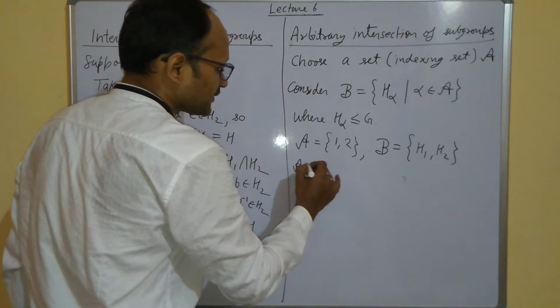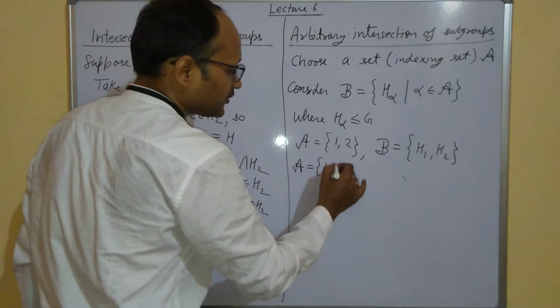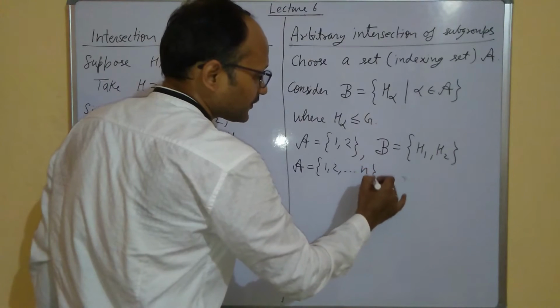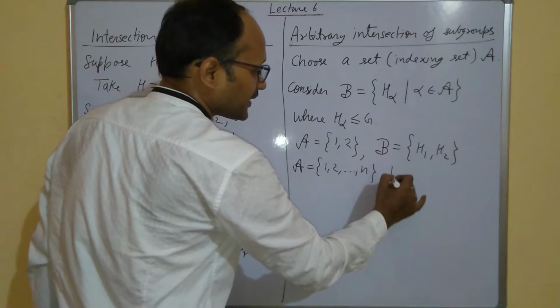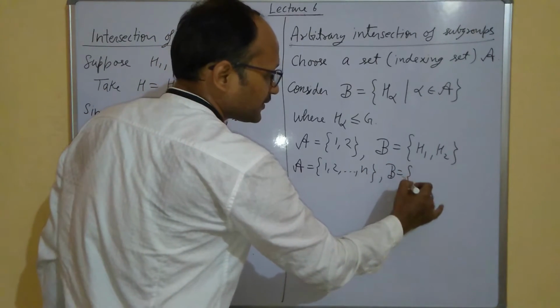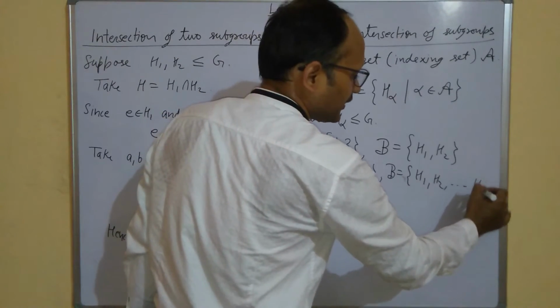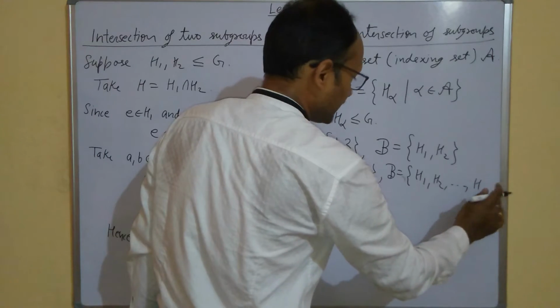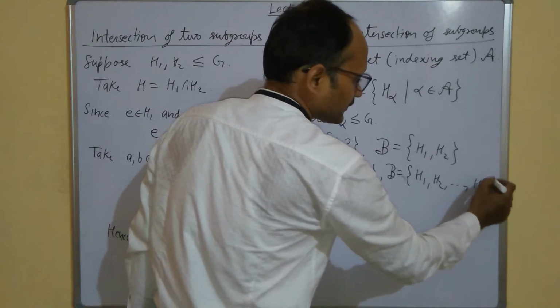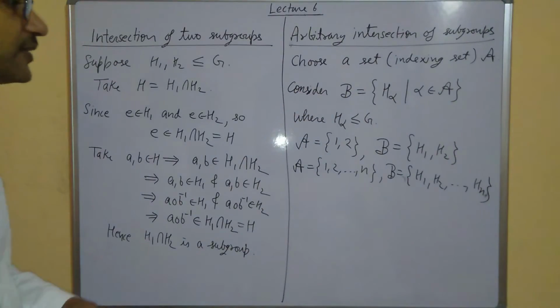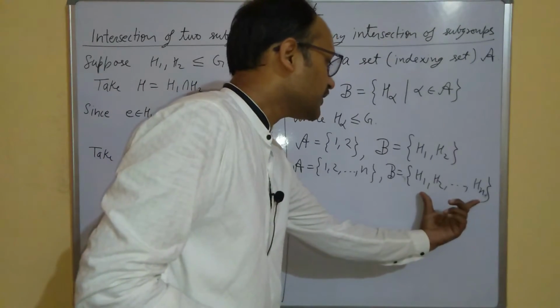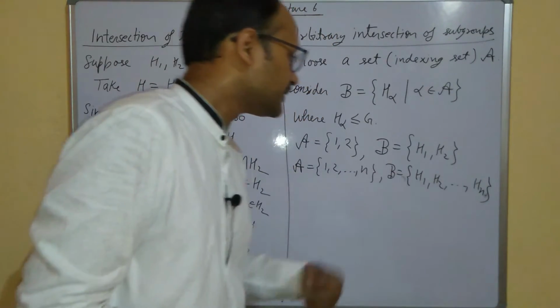Suppose A has elements 1, 2, up to n, then this B has elements H1, H2, H alpha, Hn. So it means we are considering n elements.